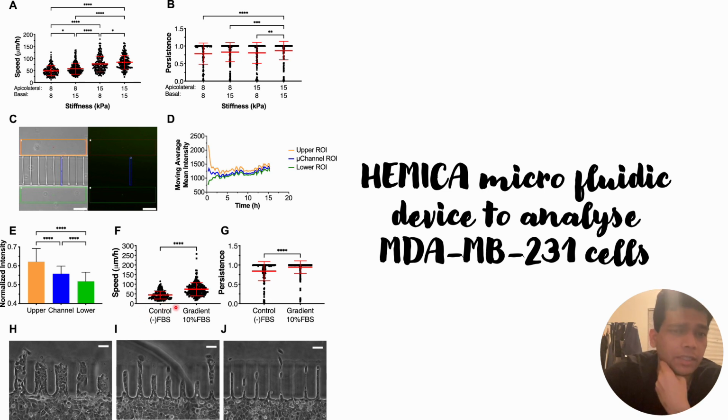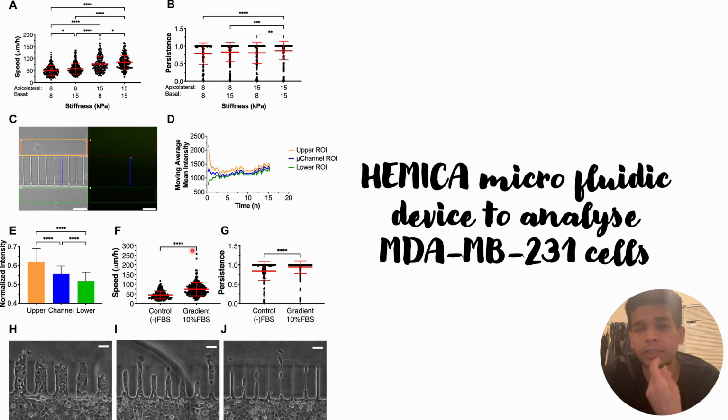And when they check the speed rate, comparing the case when there is no difference in the media to the case where there is a difference in the media, where one media contains 10% FBS and one media does not contain any FBS, they can see that whenever there is a gradient of 10% FBS, there is a high speed rate.